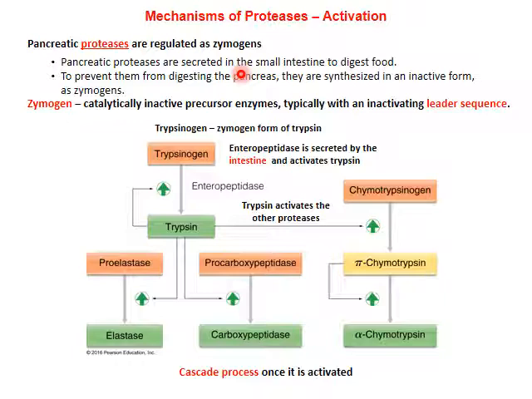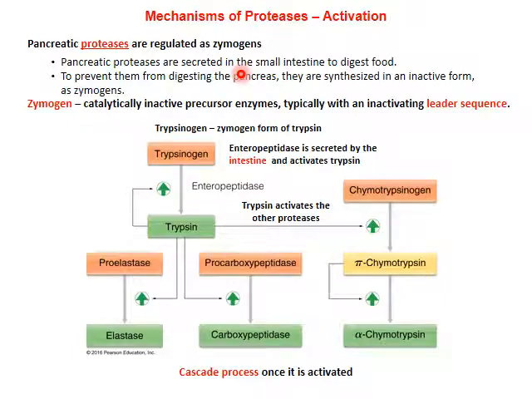So again, it's a way to regulate the enzymatic activity, turning it on when you want to, but not when you don't. In this case, it actually has some extra amino acid residues that have to be cleaved and removed in order for it to become active. Okay, so we're not going to go into the details of a lot of this, but I just wanted to show you it's the way of having it be inactive and becoming active.